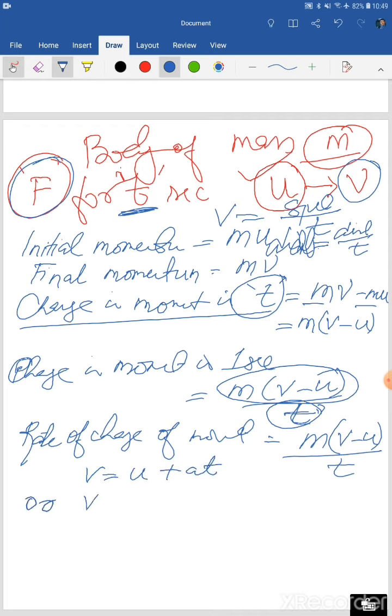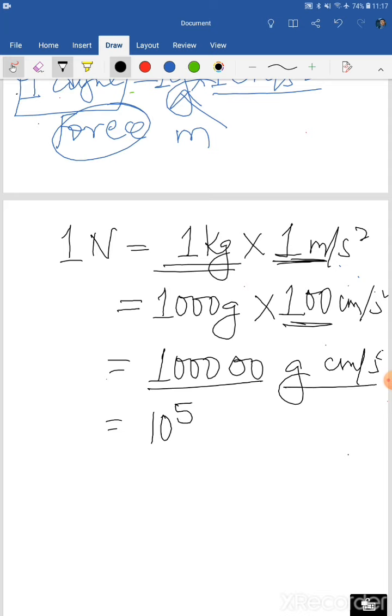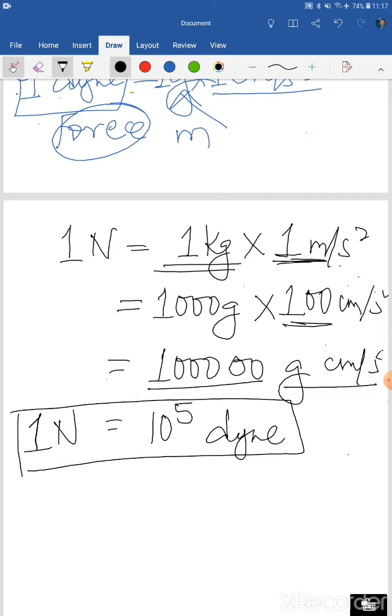It is 1000 gram into 1 meter means how many centimeter? 100 centimeter per second square. So 1000 into 100 will give me 1 lakh gram centimeter per second square, which I can write in exponential form, 10 to the power 5 gram centimeter per second square, which is what? Dyne. So I get the relation 1 Newton equals 10 to the power 5 dyne.